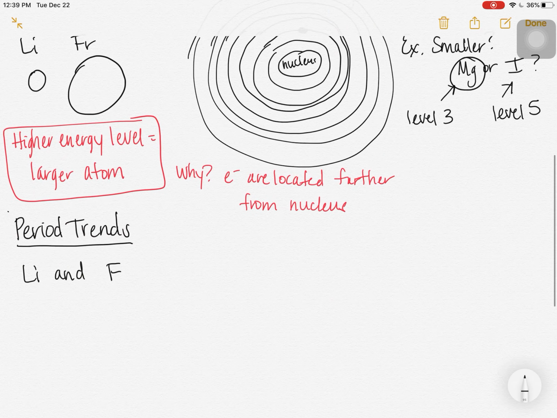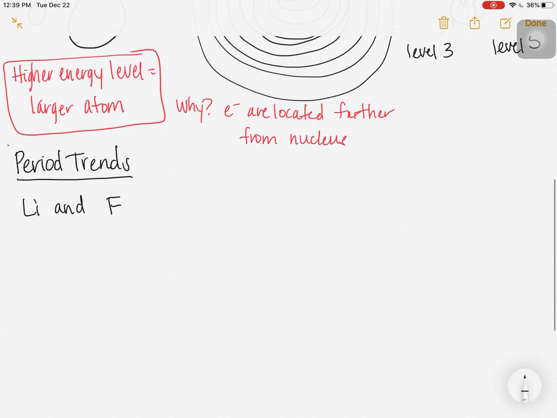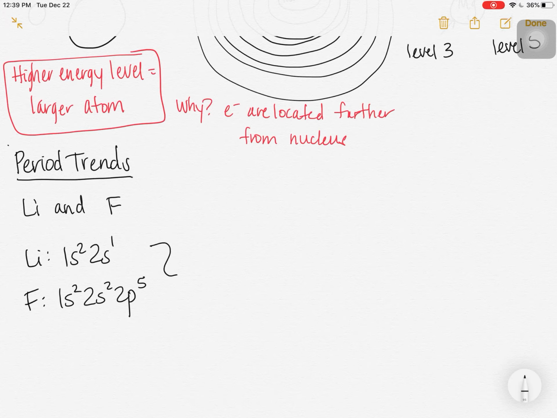Lithium is 1s2, 2s1. Fluorine is 1s2, 2s2, 2p5. In both lithium and fluorine, their valence electrons are in the same level. In this case, it's level 2.